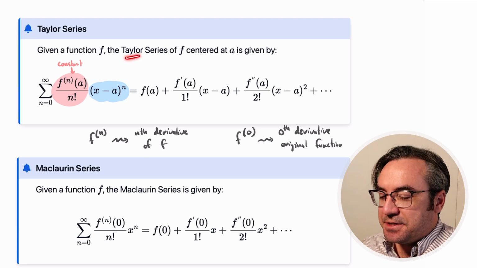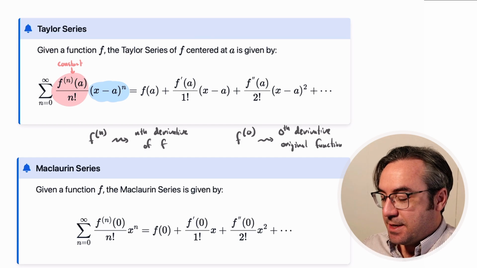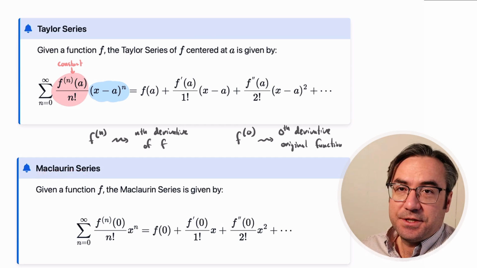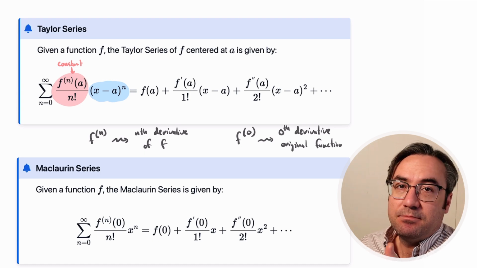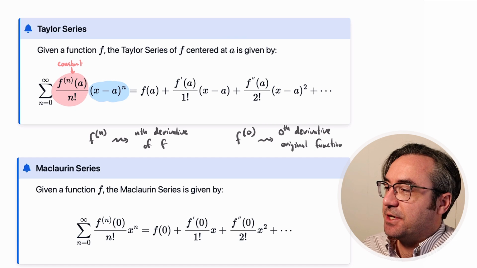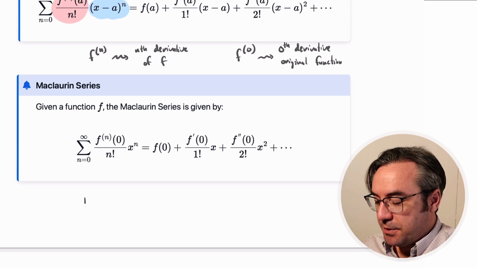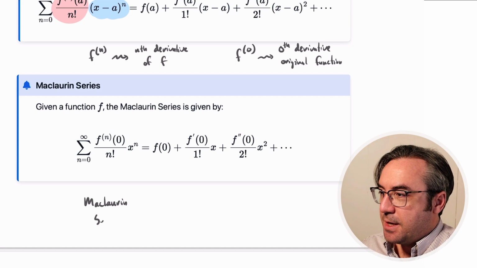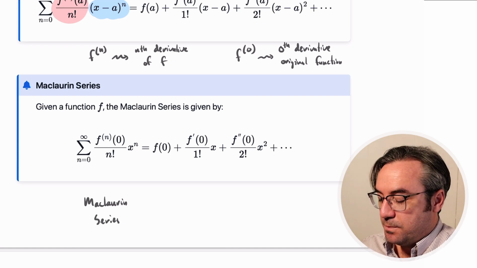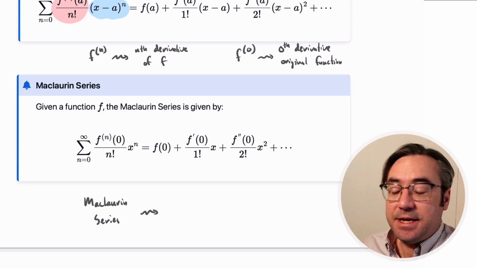Now, Taylor series, this is the general result. But we also talk about Maclaurin series. The Maclaurin series is really just a special case of Taylor series. The only thing going on with the Maclaurin is it's just a Taylor series centered at a equals 0.